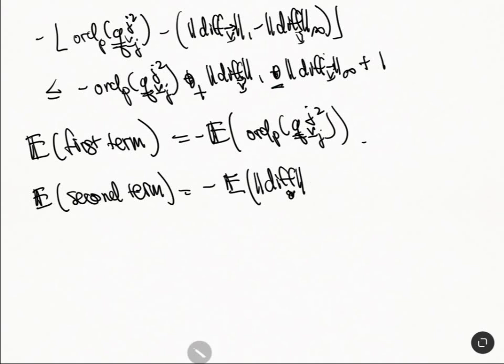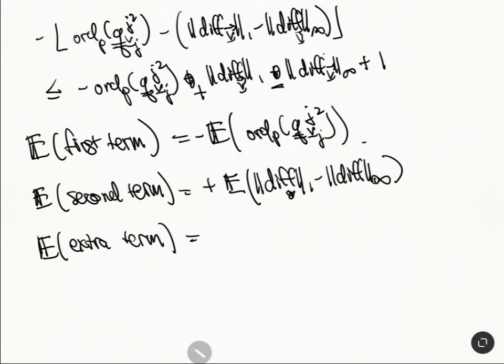So this is plus, minus here, like so, and then plus the expectation of this extra term. Okay, so we have to compute each one of those.